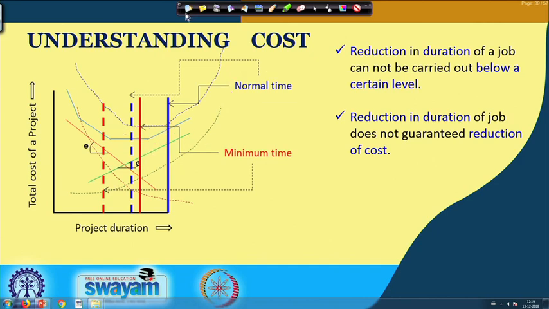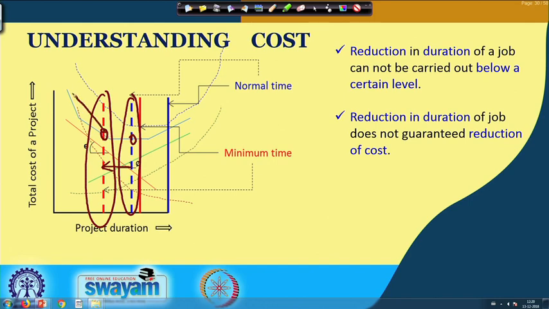However, if you look at another set, where the normal time is this one and the minimum time is this one, and you try shifting from this place to this place, this is increasing your total cost, from the normal condition to the reduced, crashing or expedite condition.